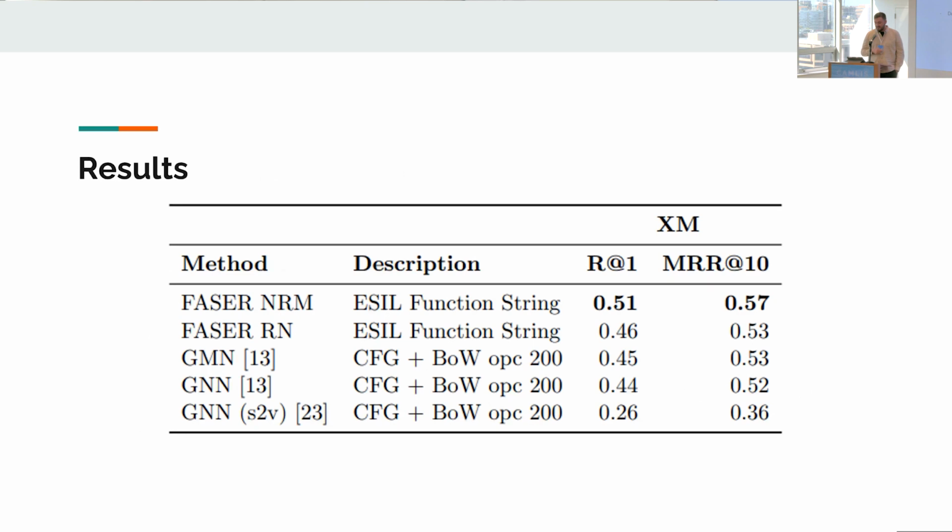So we made 2 versions of the model, one that was register normalized and one that wasn't. The normalization for the registers was: for a 32-bit register, the token was reg32, and for 64-bit, it was reg64. For some reason, and we're currently experimenting to work out why, the non-register-normalized model actually performs better at general function search.